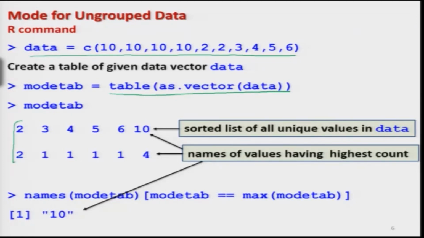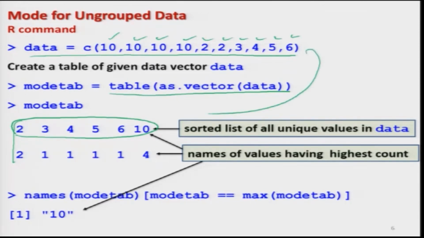In the data vector the values are 10, 10, 10, 10, 2, 2, 3, 4, 5, 6. So essentially when we create the frequency table, it shows you in the first row the sorted values of all the unique values in data.